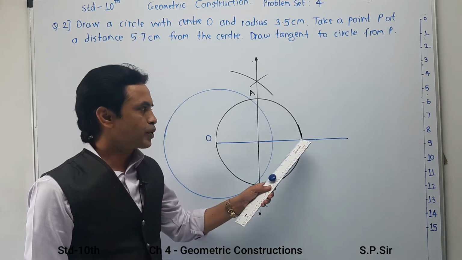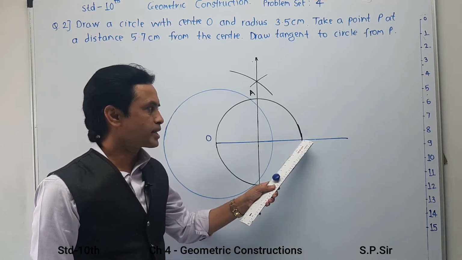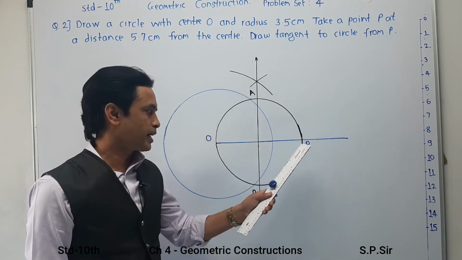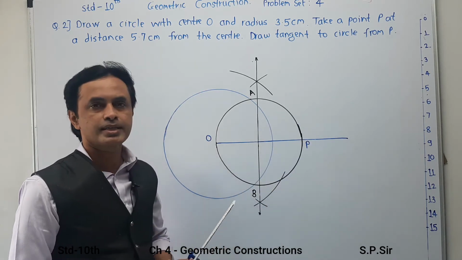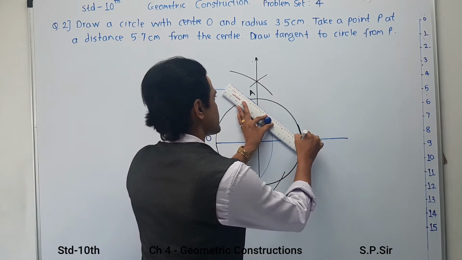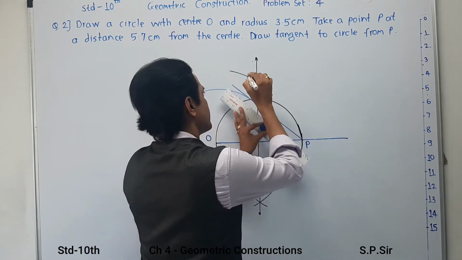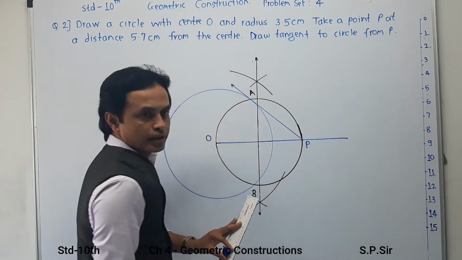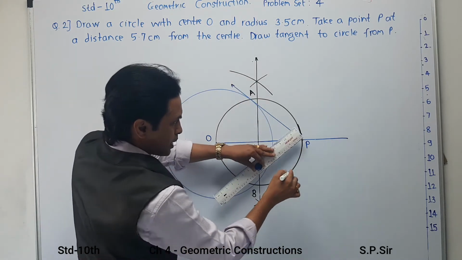Students, you have to draw two tangents: one is tangent from P to A, that is tangent PA, and from P to B, that is tangent PB. Here I am going to show you the diagram. First draw tangent PA over here. Now your second tangent from P to B is over here.